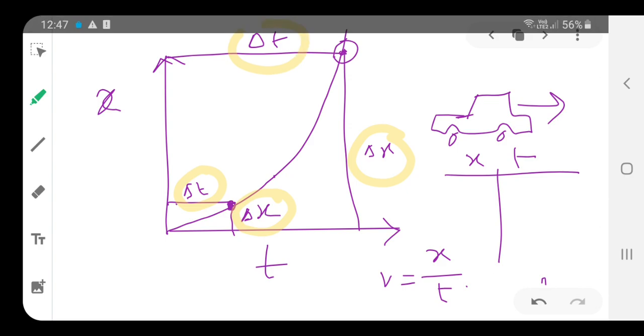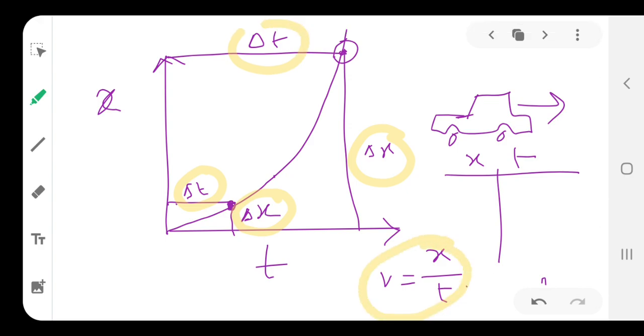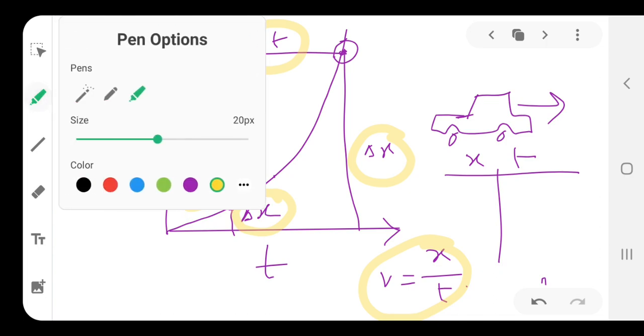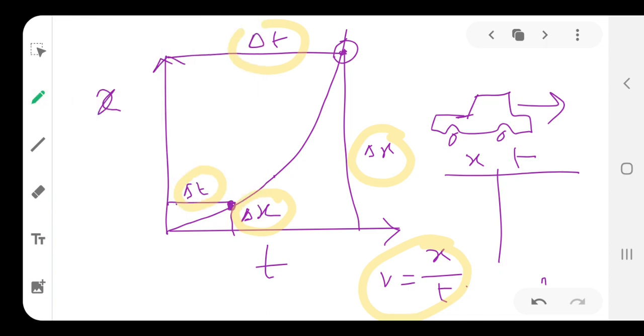So anybody can say this ratio is not the same for this point and for this point. So the velocity here is different from the velocity here, right?